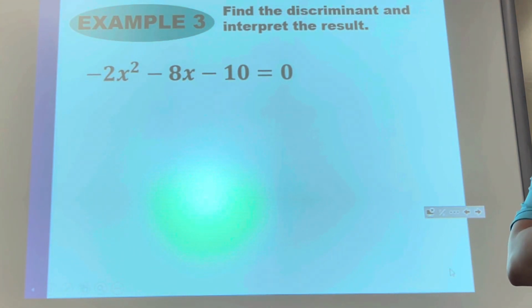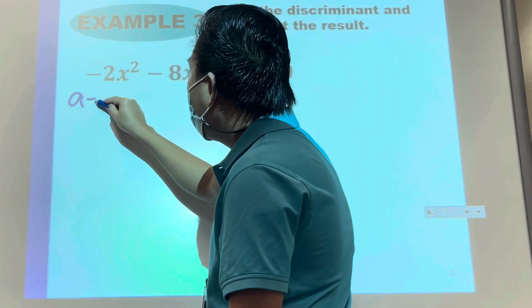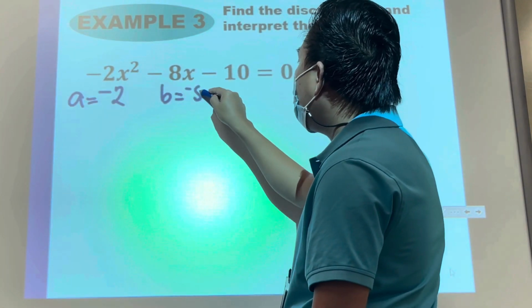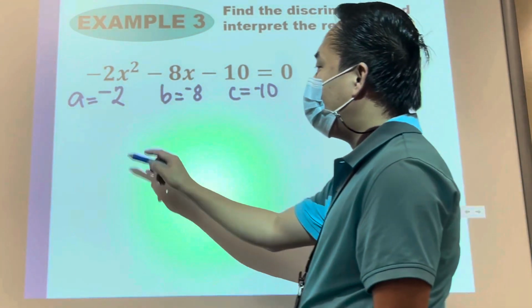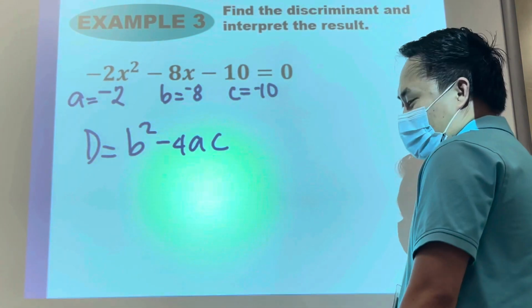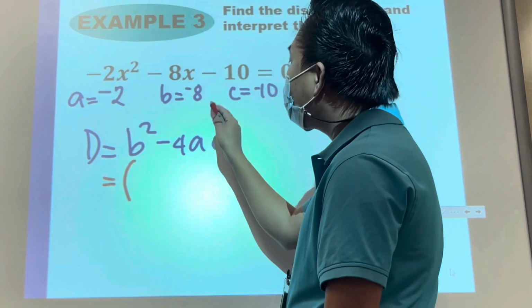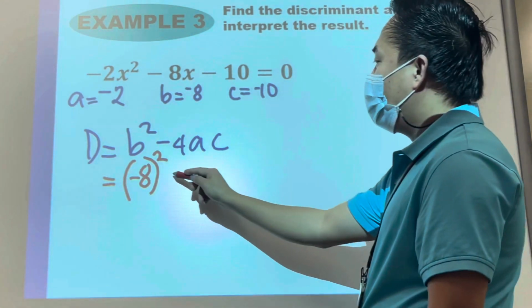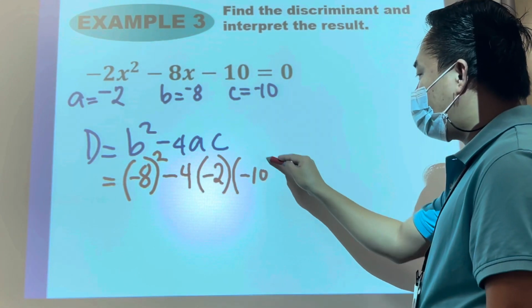Let's go to the final example. We'll find the discriminant here. Step number 1 again is find a, b, c. A is negative 2, b is negative 8, and c is negative 10. The formula is D equals b squared minus 4ac. Plug in the numbers and make sure you have them inside parentheses. b is negative 8 raised to 2, minus 4, a is negative 2 in parentheses, and c is negative 10 in parentheses.